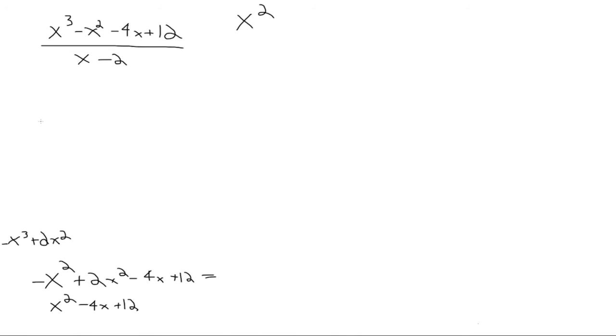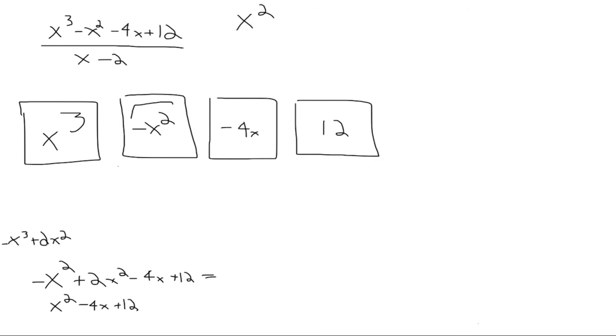Now what we have is a new polynomial. We have x squared minus 4x and 12. Actually, I'm going to keep that just so that we remember where we started.